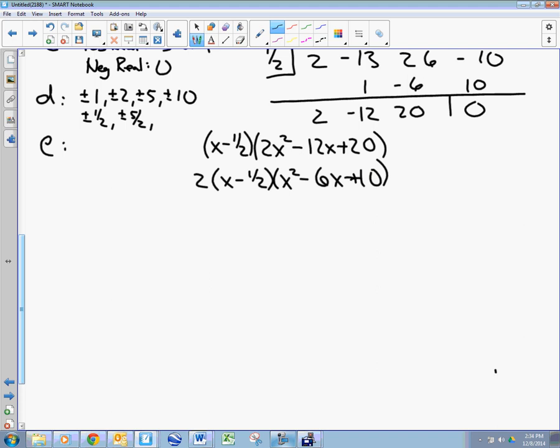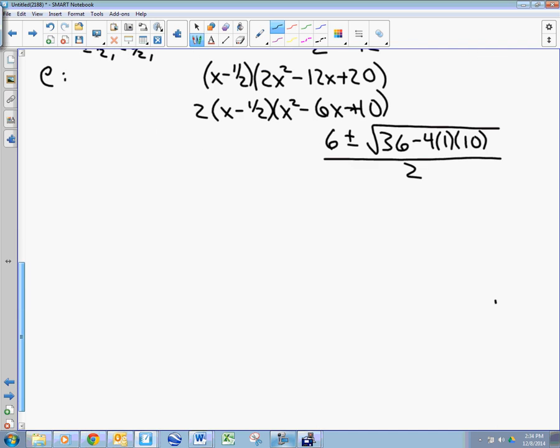That doesn't factor, so I have to use the quadratic formula. Negative b is 6, plus or minus the square root of 36 minus 4 times a times c, all over 2a.